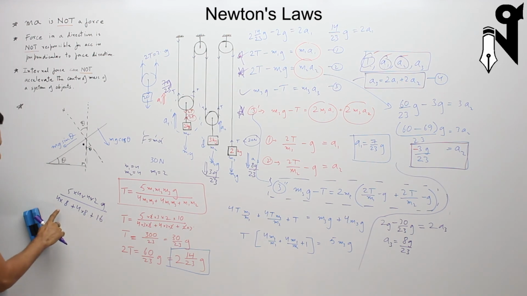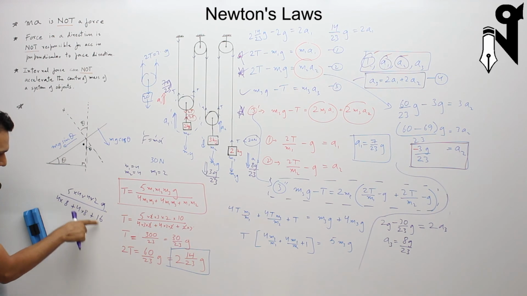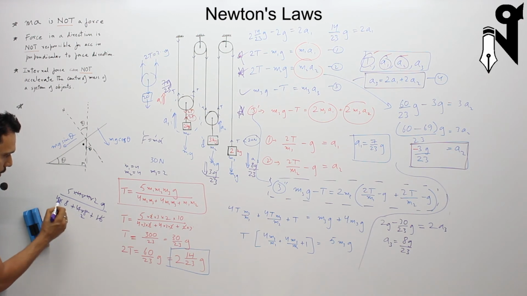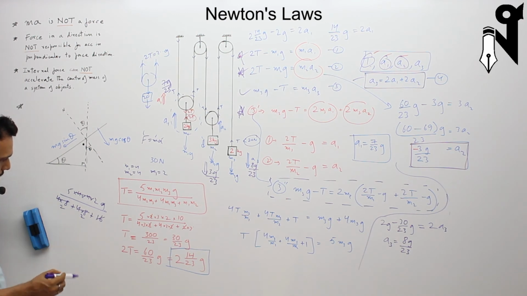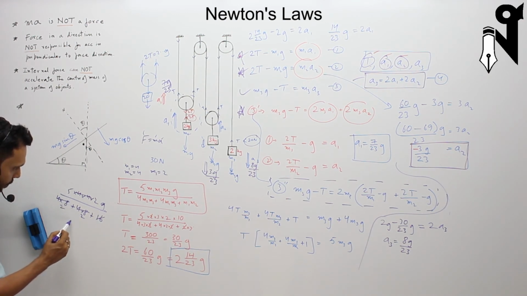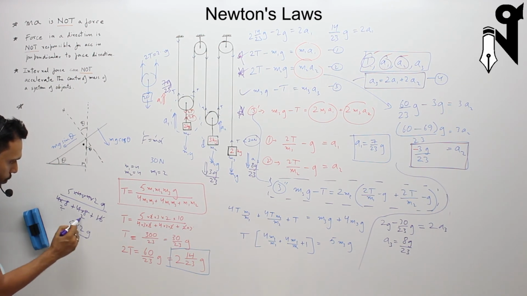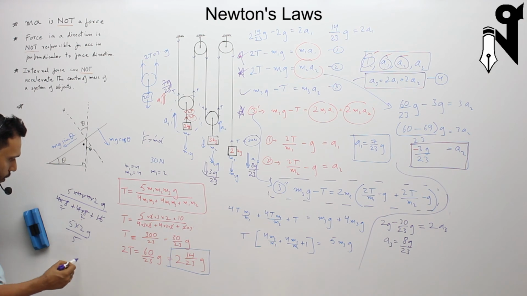So we can cancel 16 all over first of all. So this 4 and 4 cancelled, 16 cancelled, so 2 remains over here, 2 remains over here. So we have 5 into 2g on top, and we have 5 at the bottom. So what we get is 2g.